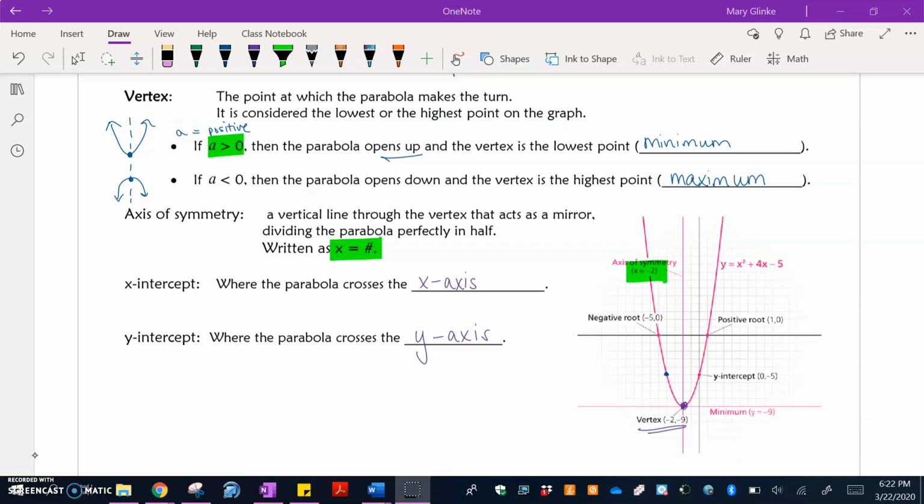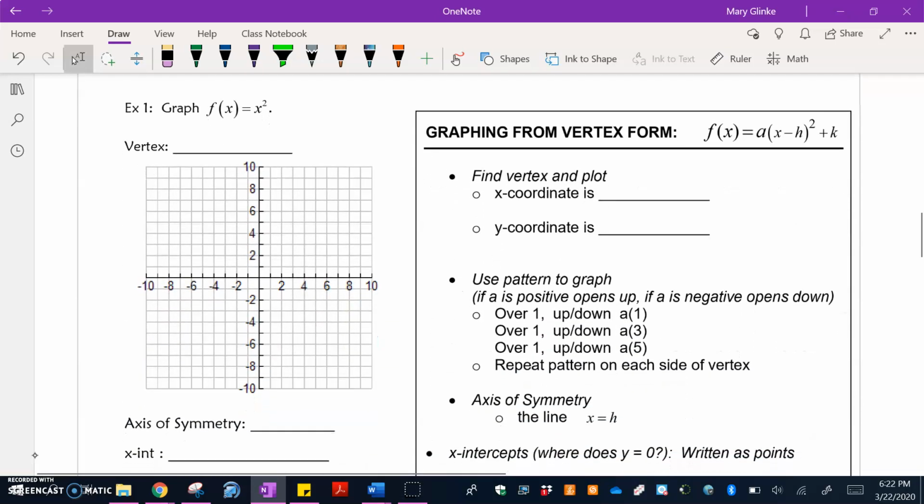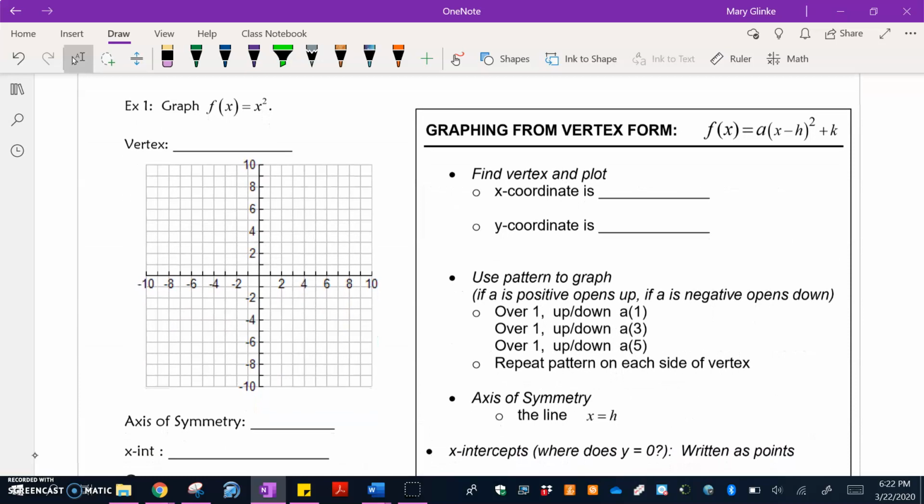Now we know a little bit about the shape of quadratic functions. Let's go ahead and look at the parent function of quadratics and look at how vertex form changes things. For the first thing we're going to do is look at the graphing from vertex form. So on the right-hand side of the screen, you can see that our vertex form is a(x minus h) squared plus k.